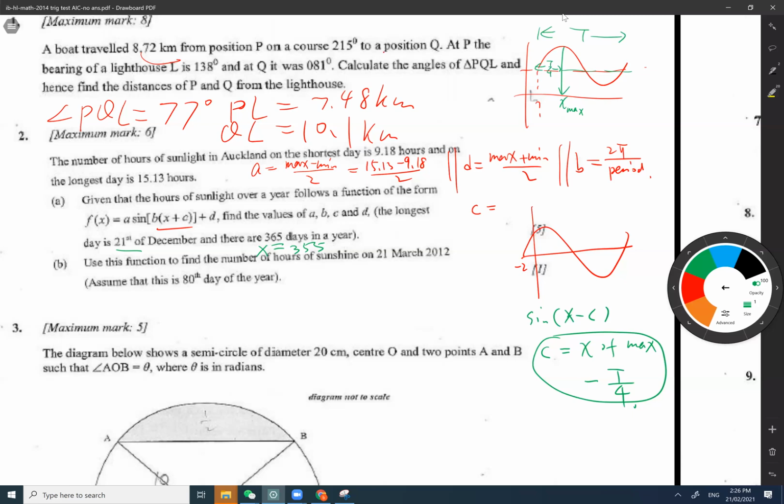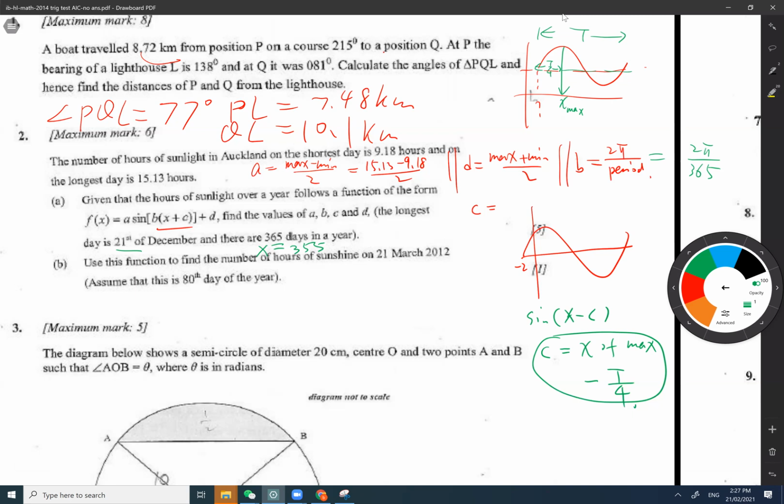Period 2 pi over 365. B equals 2 pi over 365. They didn't mention 365 is the period. The sunlight, probably 1 year repeat.